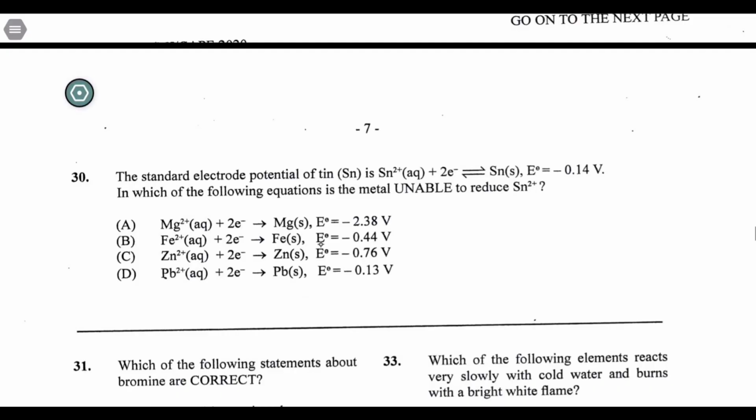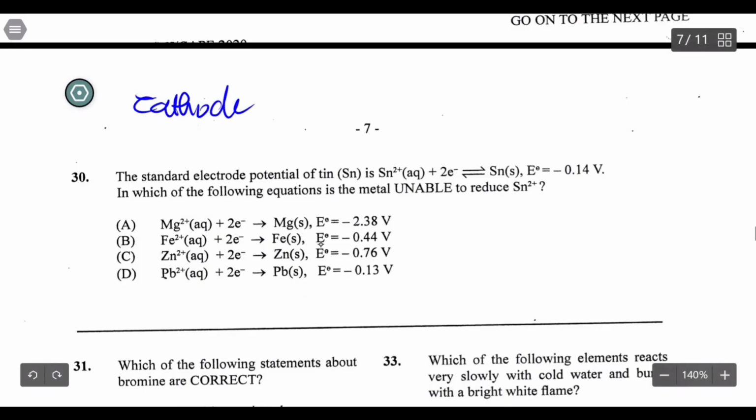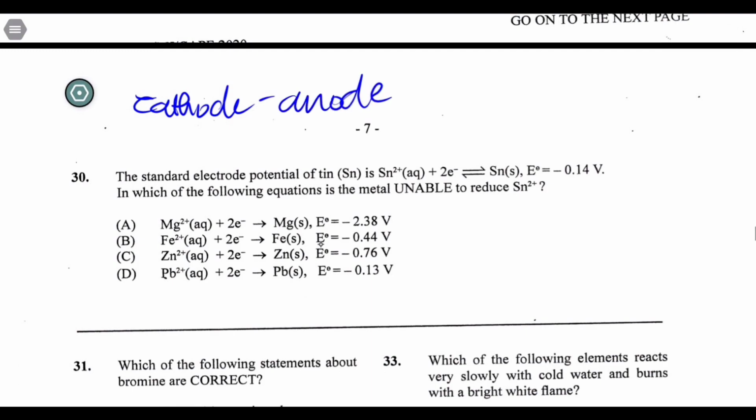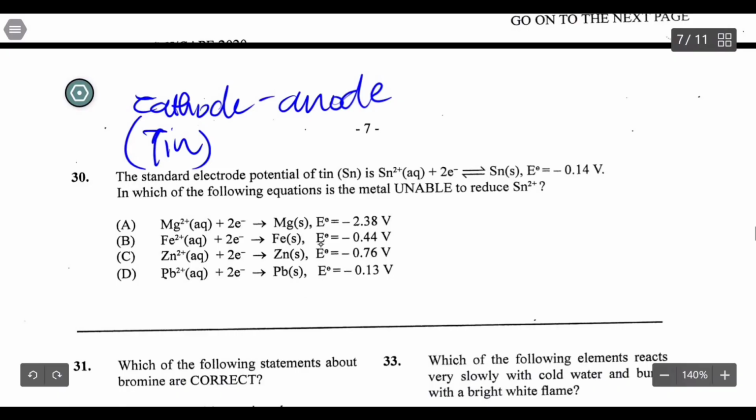So what you want to do is take the cathode minus the anode, where you keep tin as the cathode, the one being reduced, since we are testing whether the metal can reduce tin.